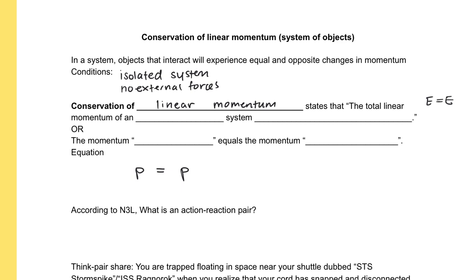Yeah, P equals P. So the total momentum before a collision is going to be equal to the total momentum after a collision. Okay? So P equals P. The momentum before equals the momentum after.